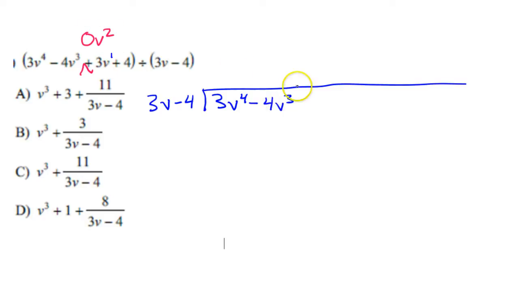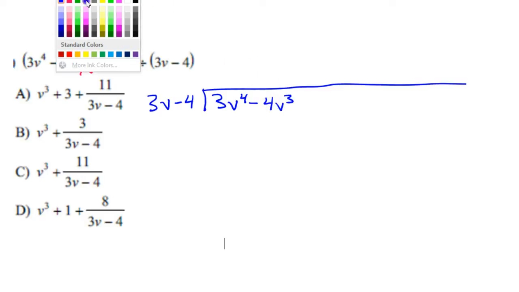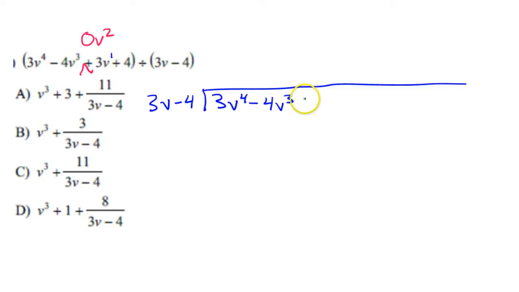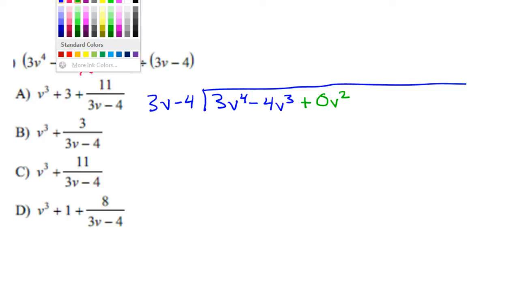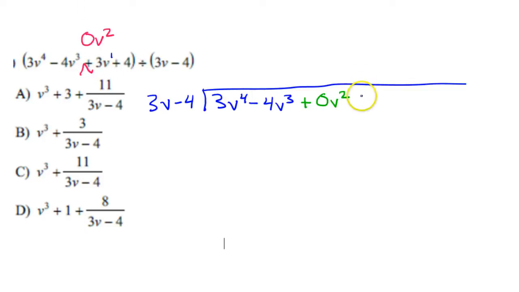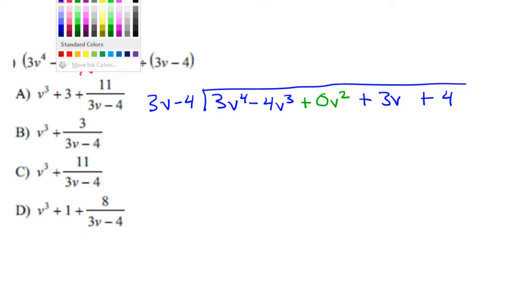And now here comes my 0 term, which I'll put in a different color. So let's see, plus 0v squared. Don't want to leave out the squared term. Alright, plus 3v plus 4.